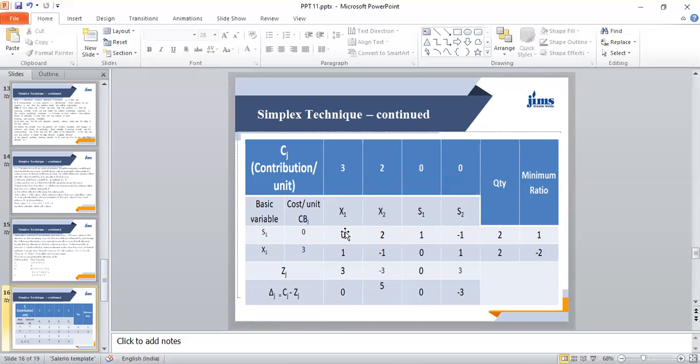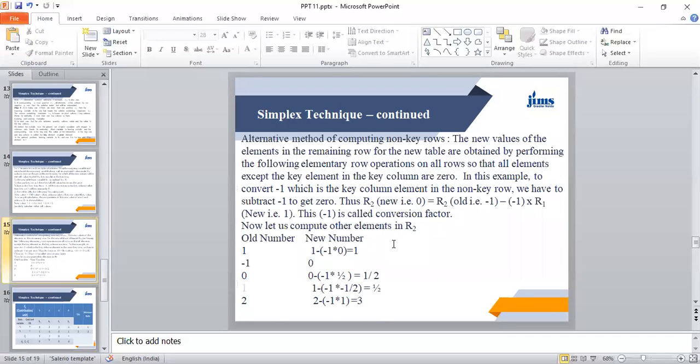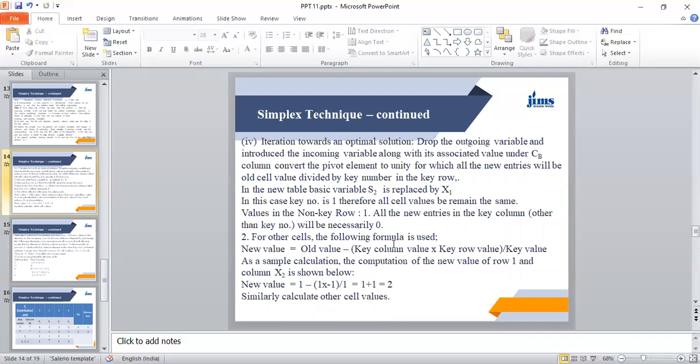Had there been more than one variable, then all the elements in this column would have become 0. So this is the condition. Other elements are replaced by using this formula.